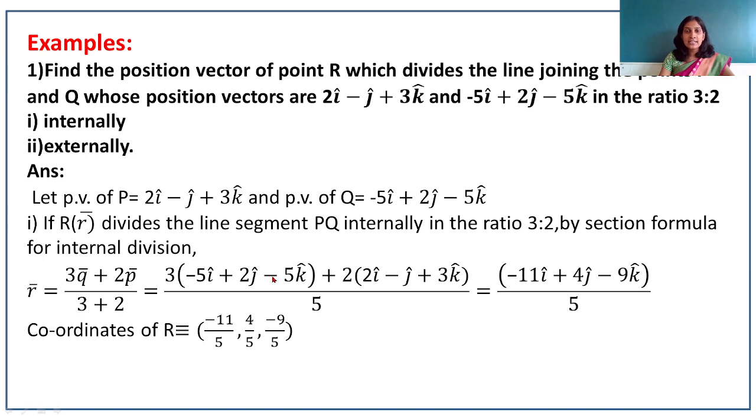Q bar is here, P bar is here. So multiply by 3, multiply by 2 and do the addition and subtraction. We will get minus 11i cap plus 4j cap minus 9k cap divided by 5. So the coordinates of R are minus 11 by 5, 4 by 5 and minus 9 by 5. This is for internal division.